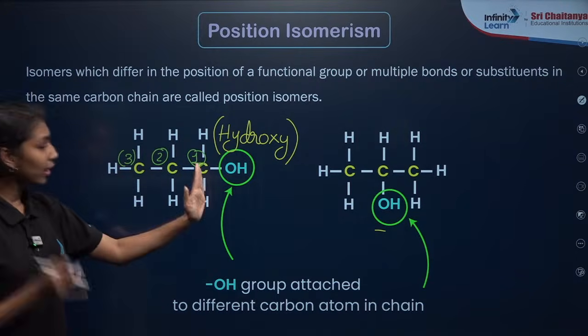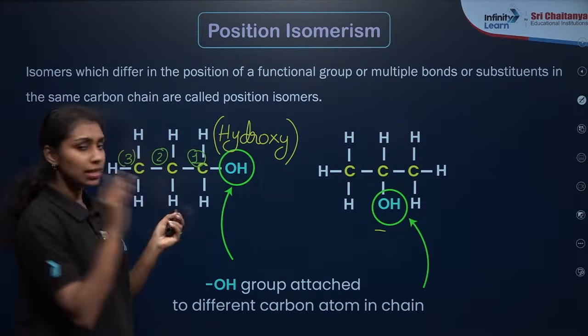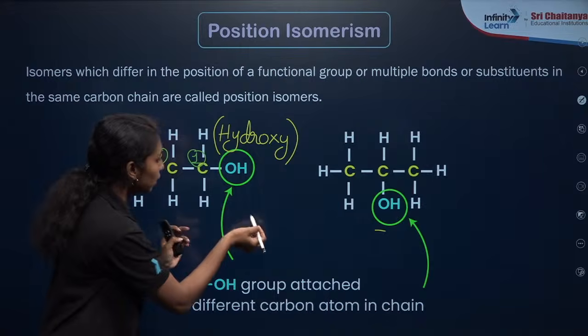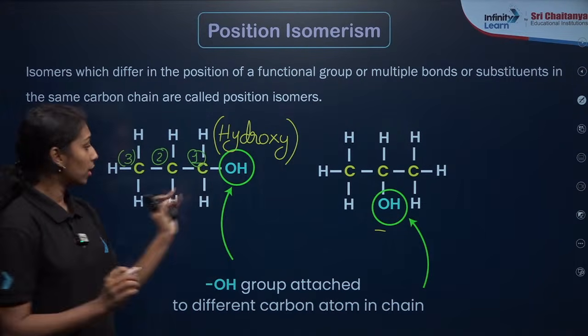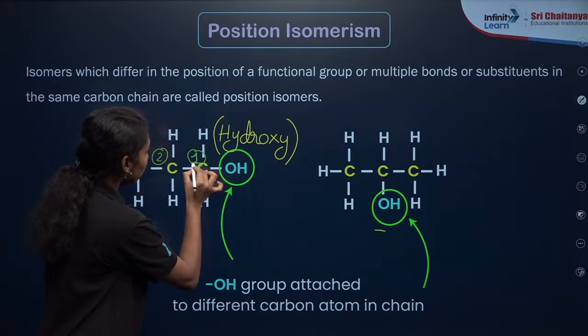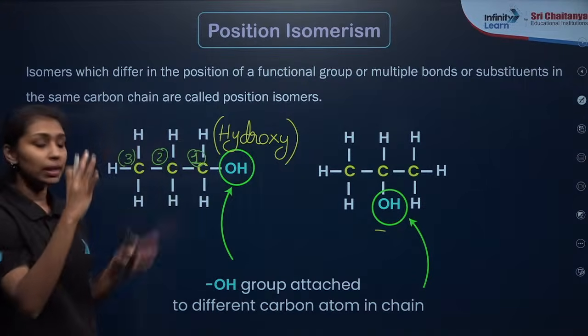In the nomenclature part we will discuss the functional group again, so here I am just giving an idea. In the case of the hydroxy group, it must have the first position according to the IUPAC rule. So I am giving the first carbon number here. The OH group is present on the first carbon in this compound.